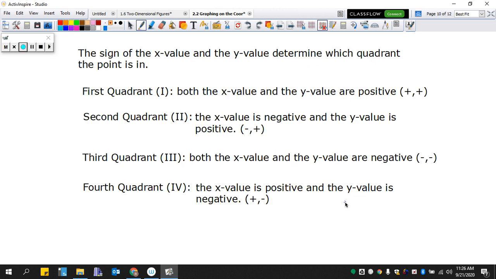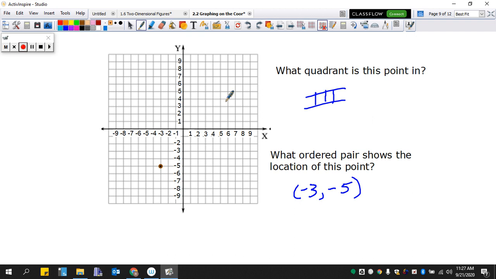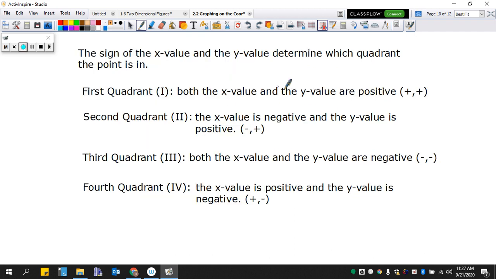Okay, so sometimes we don't have a graph that we can look at to see where it is, and sometimes it's quicker just to think about the signs. So in the first quadrant, up here, you see that both the x value and the y value are positive.